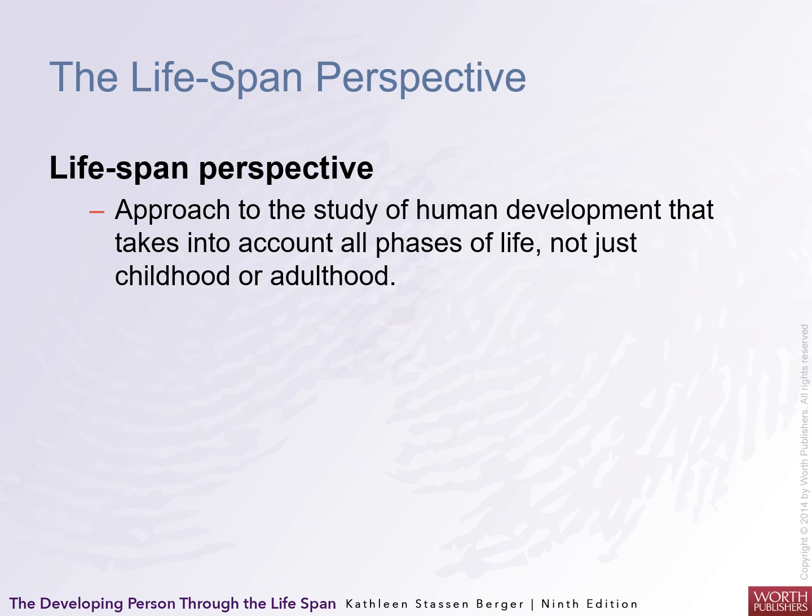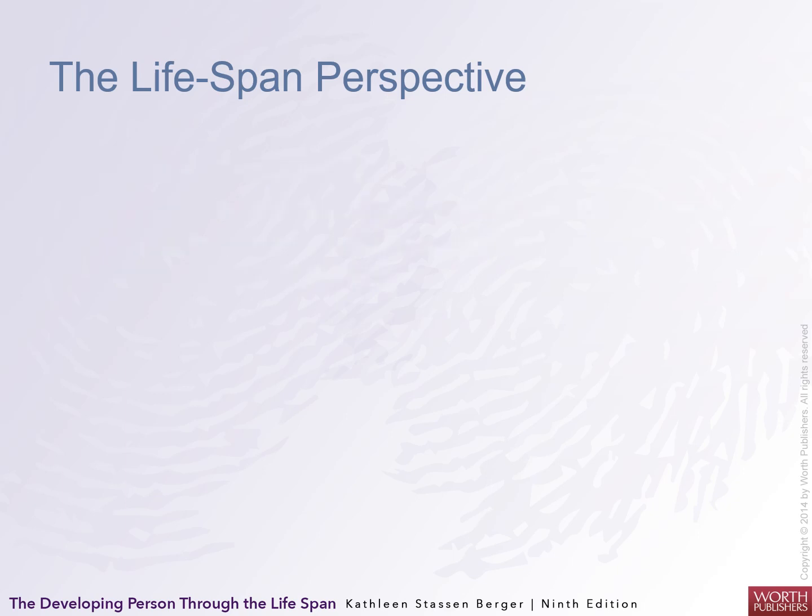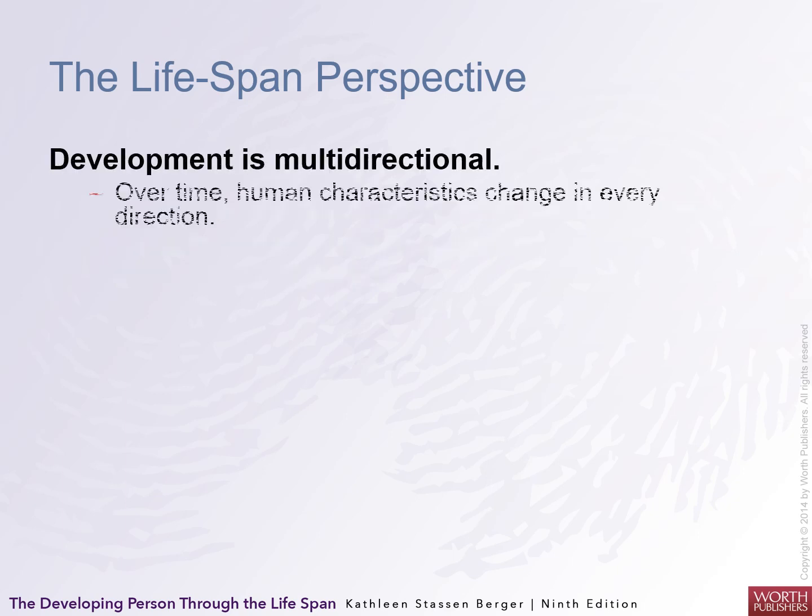One of the things that developmental psychologists do is they take a lifespan perspective. They approach the study of human development in a way that takes into account all the phases of life, not just childhood or adulthood. The lifespan perspective is multi-directional. Over time, humans' characteristics change in every direction.